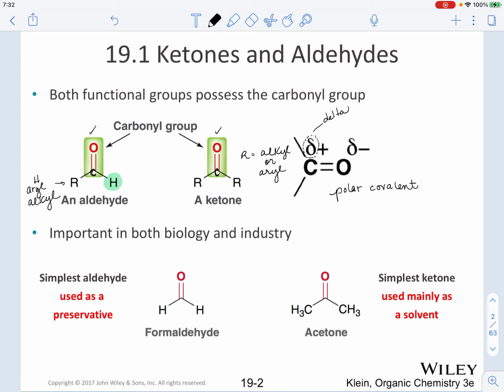Now, understand that these functional groups are actually important in biology and in industry. To give you examples of molecules that have aldehydes and ketones in them, as you can see in the bottom left corner, we have formaldehyde. And formaldehyde is actually utilized as a preservative.